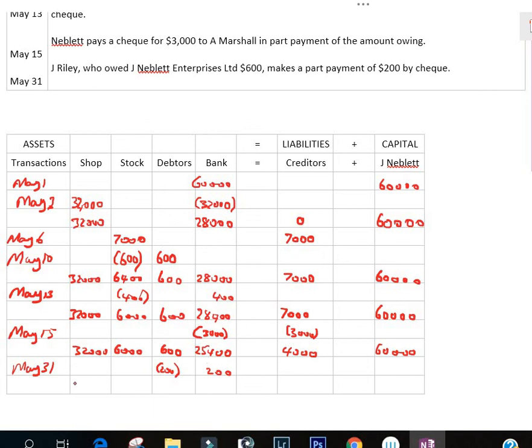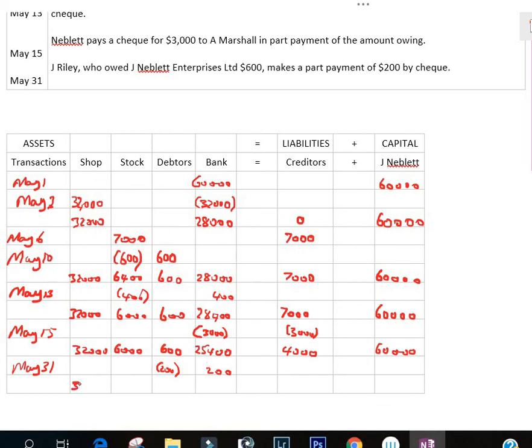So at the close of business on May 31st, we have a property worth $32,000. We have stock on hand of $6,000, and we have accounts receivable of $400, and then we have at the bank $25,600 in cash, and we only owe $4,000 in liabilities, and we still have not withdrawn any money from the company to our personal account, so we still have $60,000 in capital.